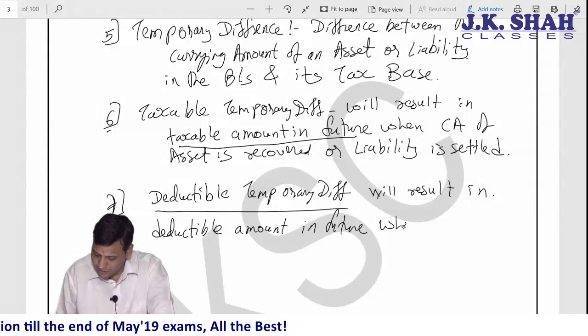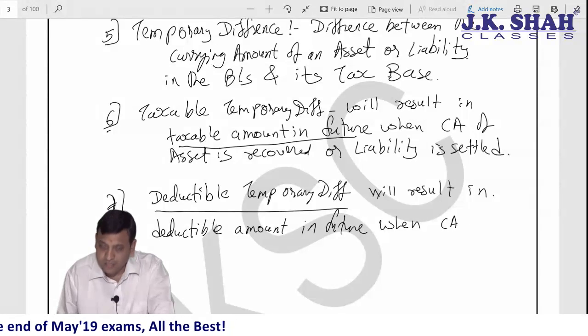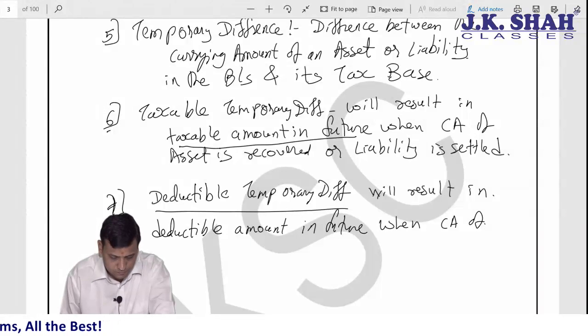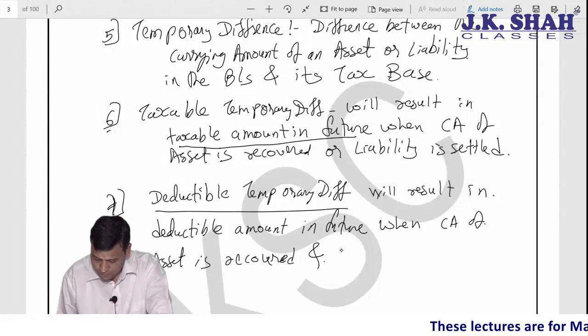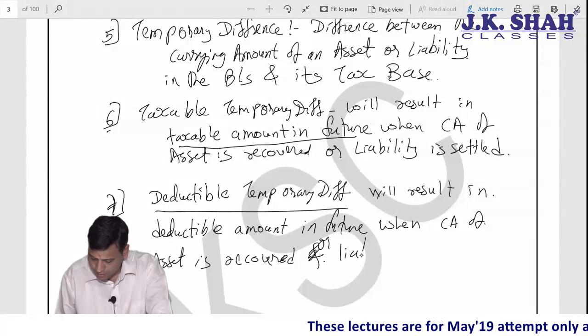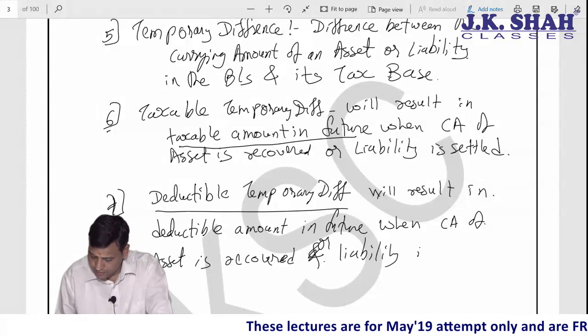Of course, I'll write down the same. When carrying amount, CA is carrying amount, of asset is recovered, or I can say, liability is settled.